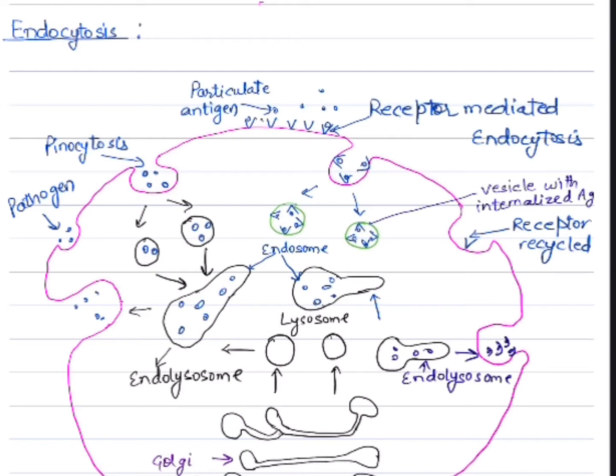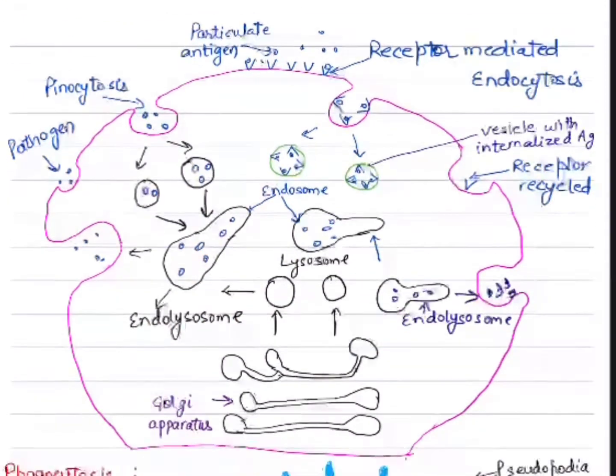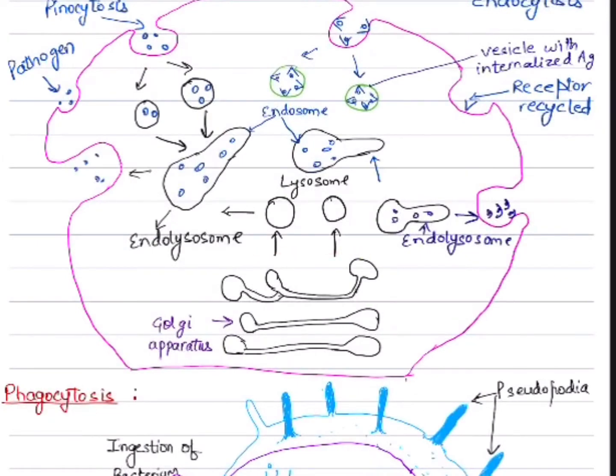Lysosome is the organelle present inside the cell, also called the suicidal bag because it has hydrolytic enzymes in it. So this endosome comes in contact with the lysosome, and together it forms the endolysosome. The endolysosome helps in digesting the pathogen because it has hydrolytic enzymes within it.